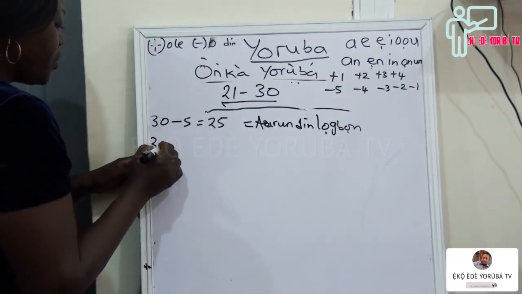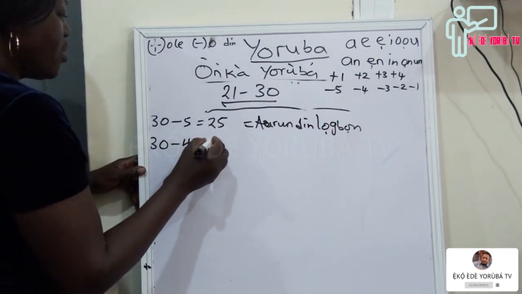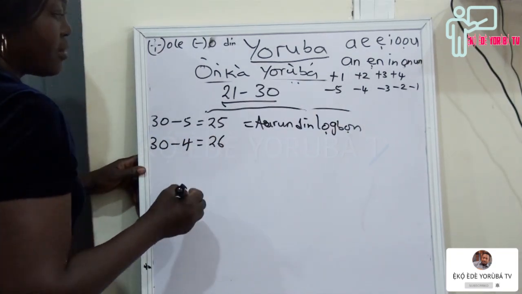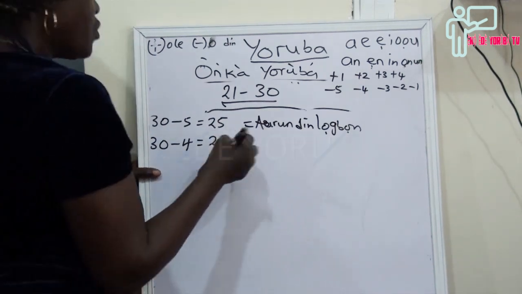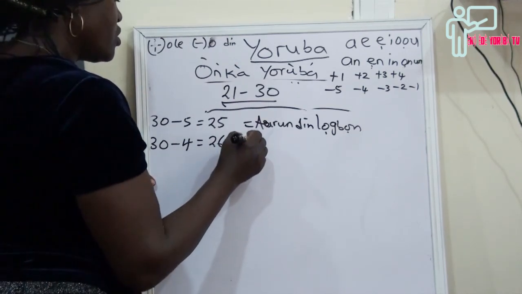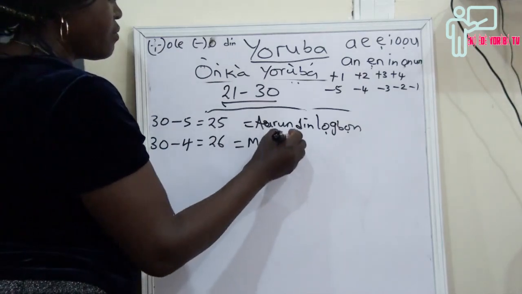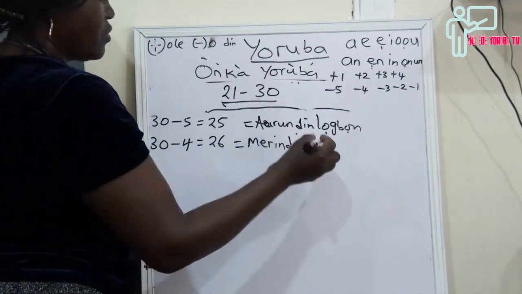26 will now also be 30 minus 4. So you see it now, it will give us 26. So we now say, I can write Mẹ́rin. So let's write Mẹ́rìndínlọ́gbọ̀n.